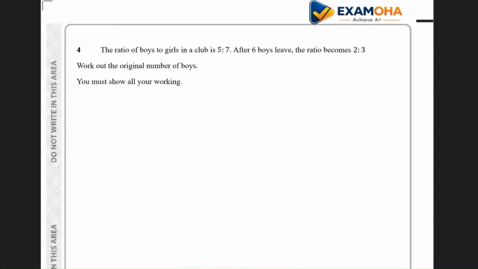It's 5 of the number of students of the club, so we can say 5k and 7k, isn't it? So we can say 5k over 7k, this is before, and then after it became 2k over 3k.